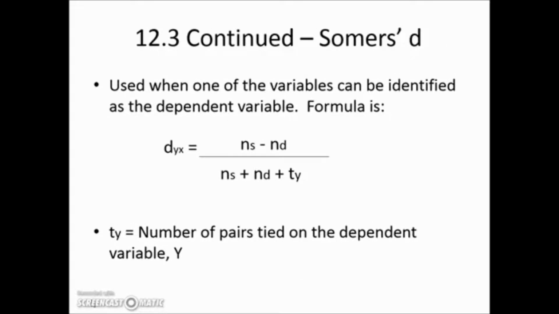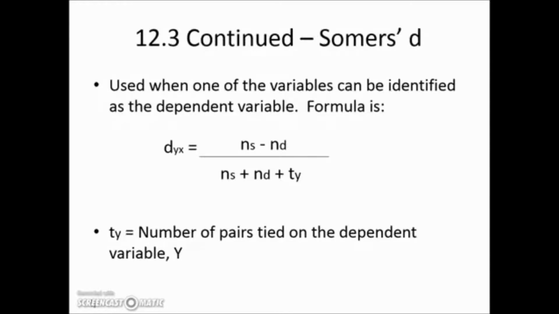The formula for computing Summers D is indicated below. dyx equals ns minus nd divided by ns plus nd plus ty, where ns equals the number of similar pairs, nd equals the number of dissimilar pairs, and ty equals the number of pairs tied on the dependent variable y.